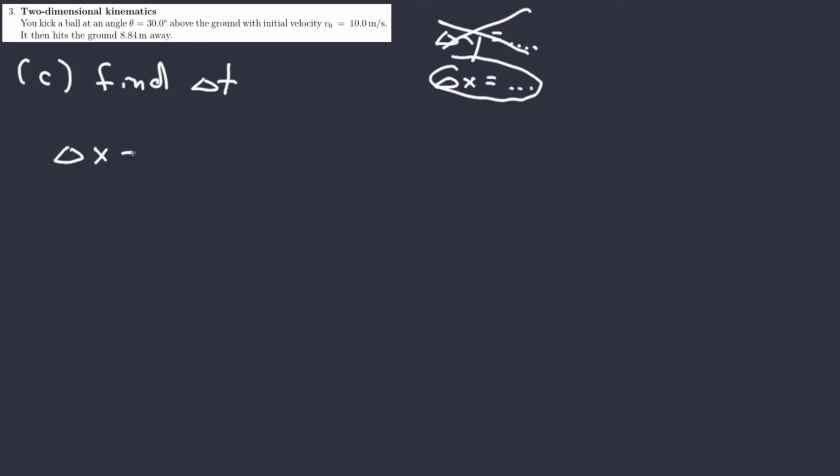So I'm going to write delta x is equal to v0x times delta t plus 1/2 a times delta t squared.